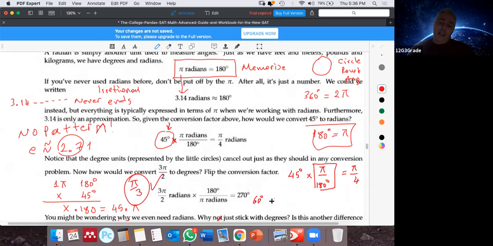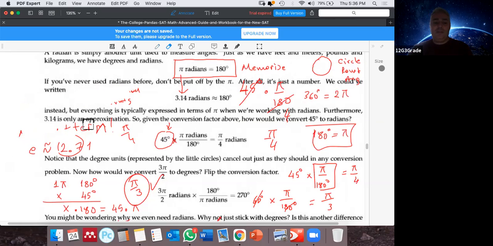Take the degree times pi over 180, always. When you simplify, it will be pi over 3. For example, 45 degrees. I know that this is pi over 4. Let's prove it. 45 times pi over 180, simplify, pi over 4. That's it. Any question? No, sir.